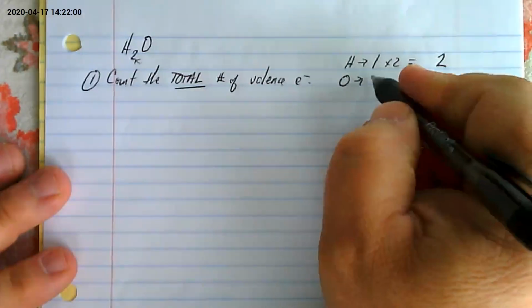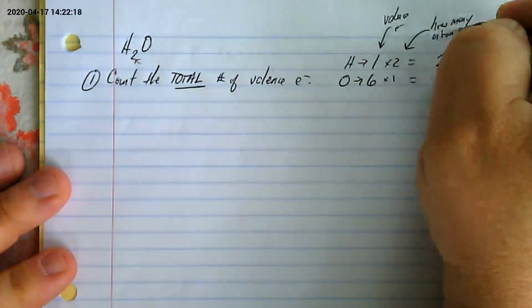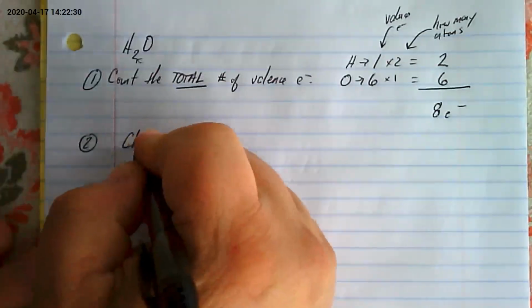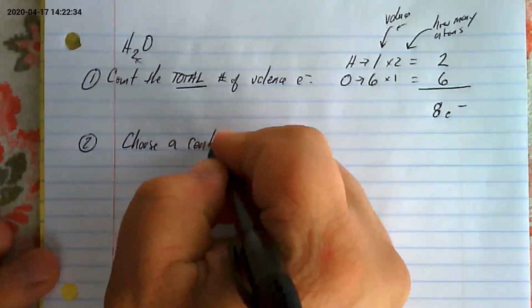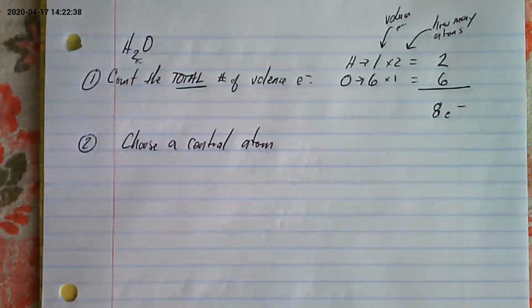Oxygen, we have 6 valence electrons because it's in group 6. And we only have one of them. So it's 6. So just to be clear, this is valence electrons, and this is how many atoms. We add those up, and we have 8. So that's step 1.